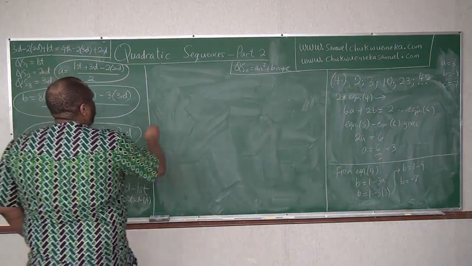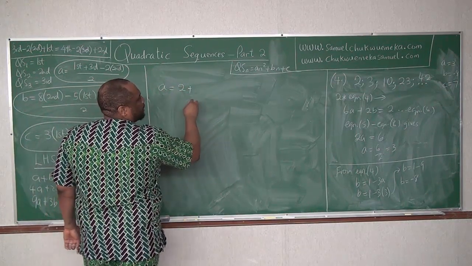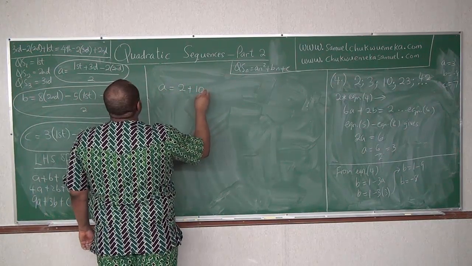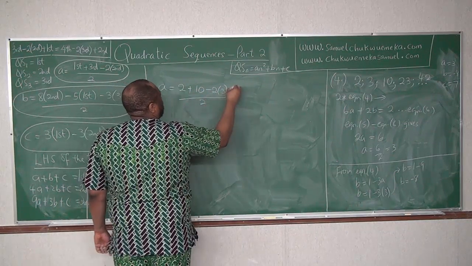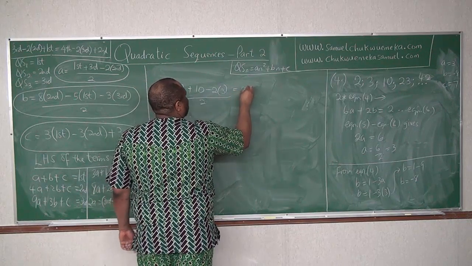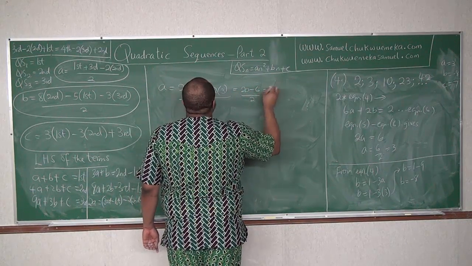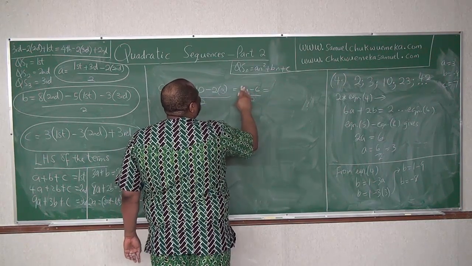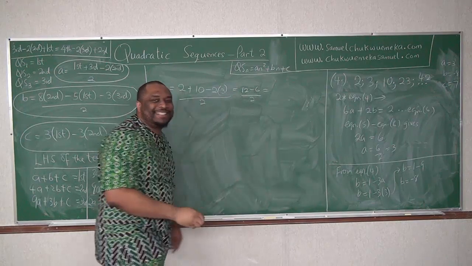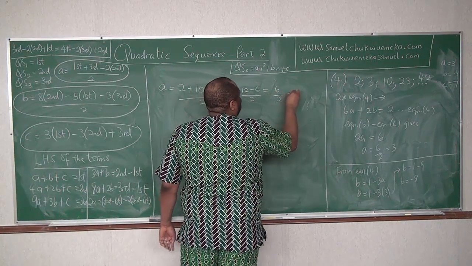So A is 2 plus third term 10 minus 2 times 3, over 2. This is 20 minus 6 over 2. 2 plus 10 is 12, 12 minus 6 over 2, which is 6 over 2, which is 3.